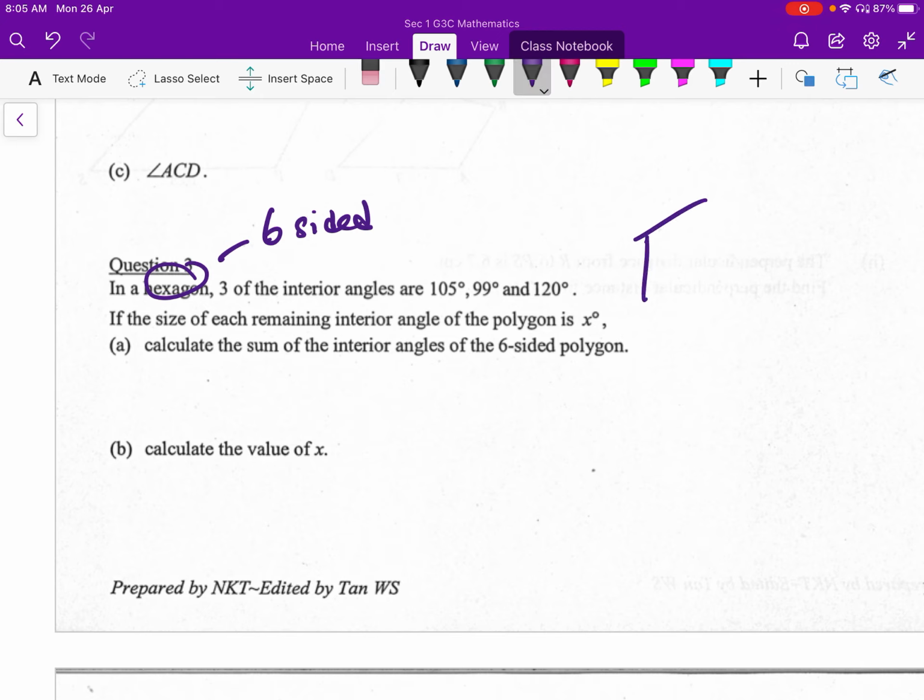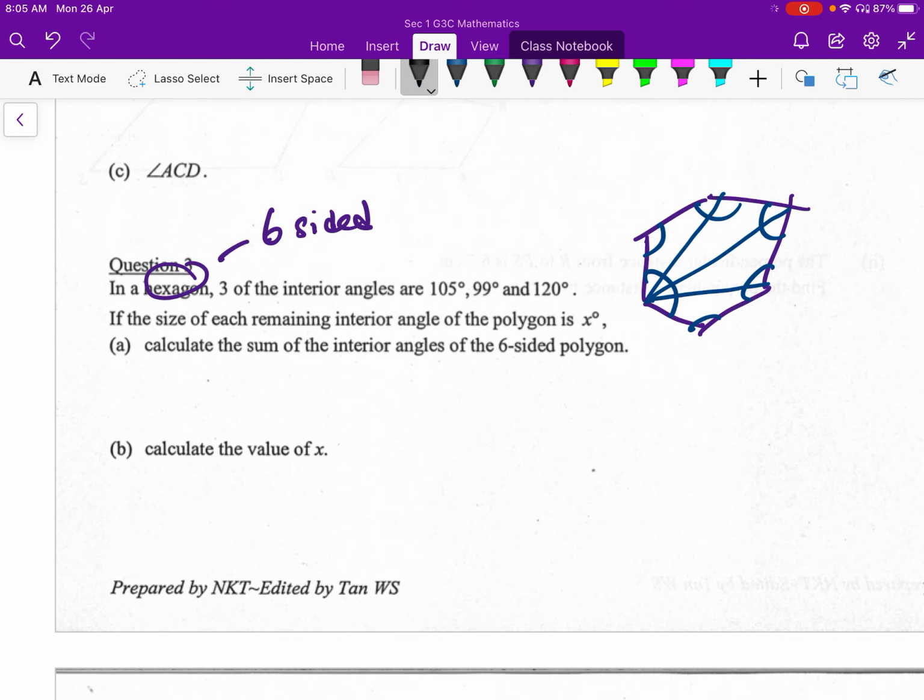Just a recap, 6-sided: 1, 2, 3, 4, 5, and 6. I deliberately did not draw a regular hexagon to illustrate that we can still divide this hexagon into 4 triangles, with 4 times 180 degrees as the total interior angles.